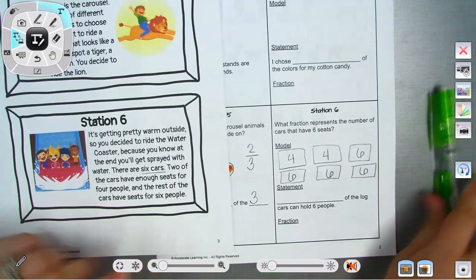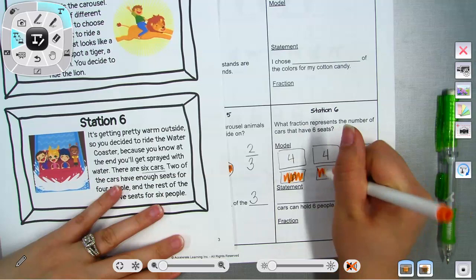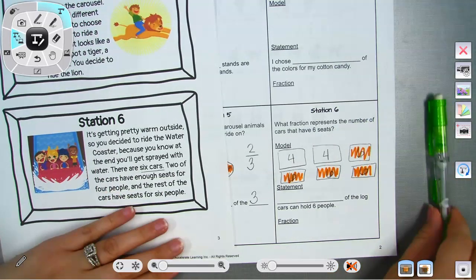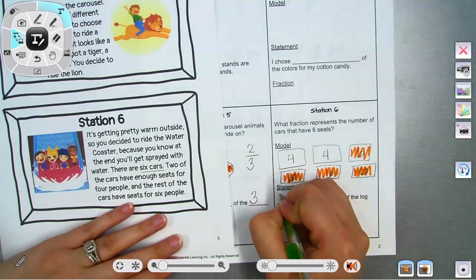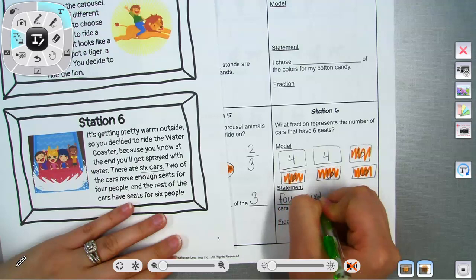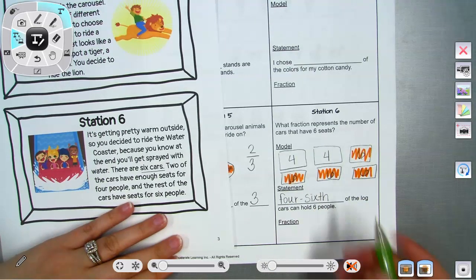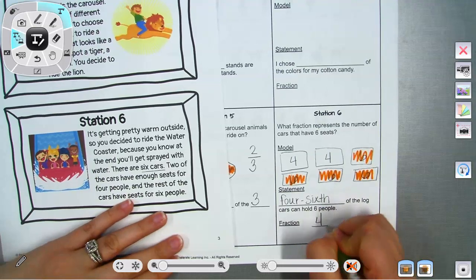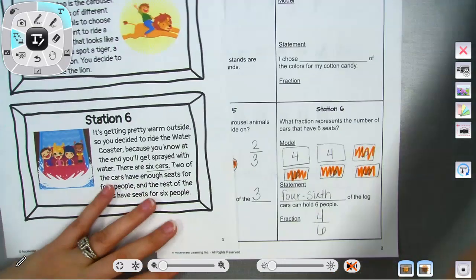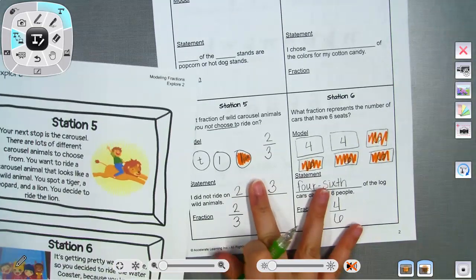So this car has 6, this car has 6, this car has 6, and this car has 6. So there's 4 out of 6 of the cars that can hold 6 people. So my fraction would be 4 over 6.